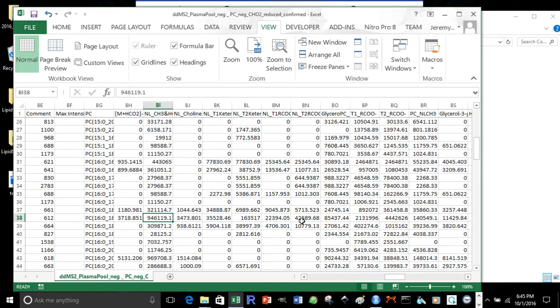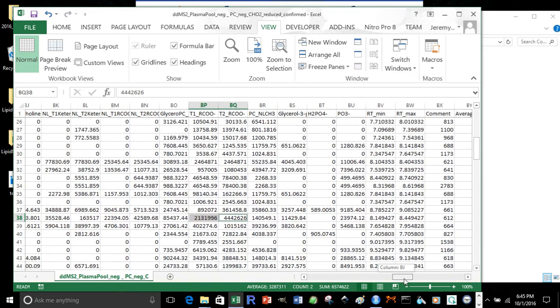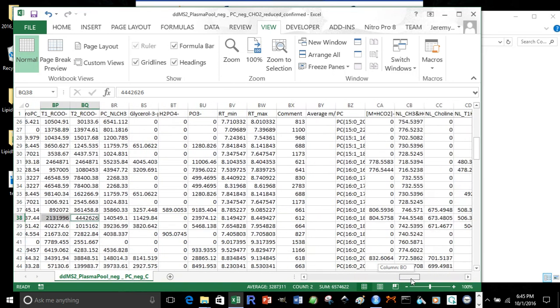In addition, you can see that, for example, the acyl chains as negative RCOO- ions are the most abundant, which is what is expected. So you can check these ion intensities to make sure they match what you'd expect, since LipidMatch doesn't do that for confirmations.